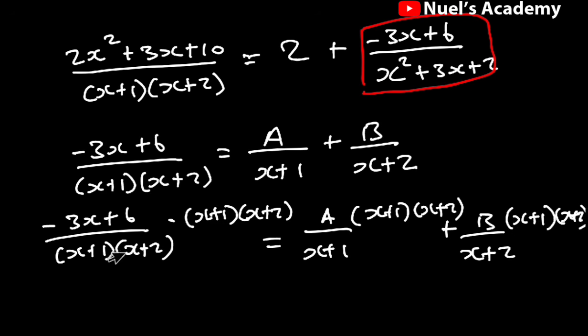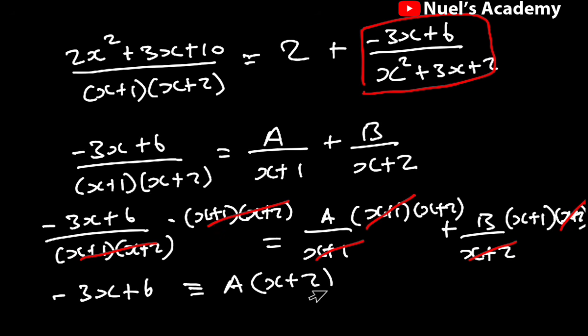So at the left hand side, this one and this one will cancel. Then at the right hand side, x plus 1 and x plus 1 will cancel. x plus 2 and x plus 2 will cancel. We're going to be left with minus 3x plus 6 is equivalent to a multiplied by x plus 2, plus b multiplied by x plus 1.